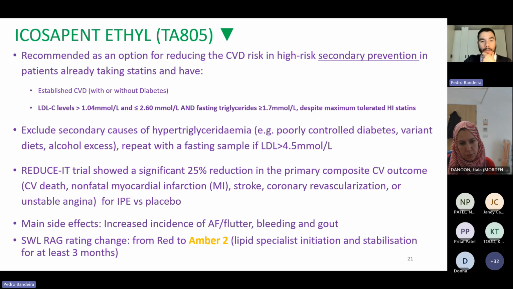So the clinician starting this should weigh the benefits and risks before starting this medicine. Currently in South London, the medication is AMBER 2, which means it can be done in primary care after stabilization from secondary care. So normally we initiate it and then it can be continued in primary care.